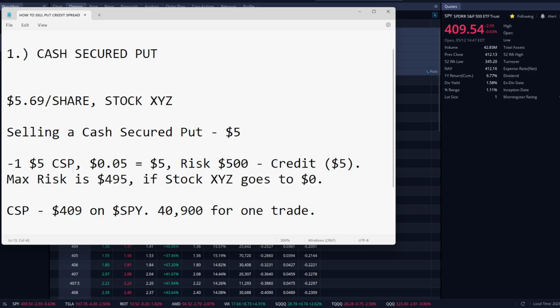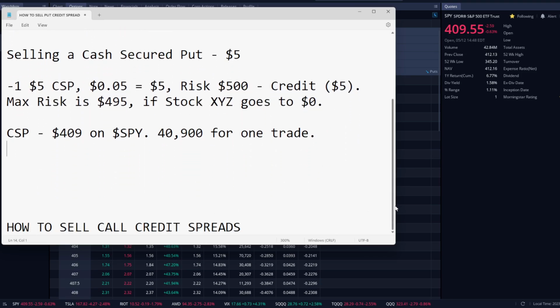So the advantage of selling vertical spreads, put credit spreads, is that you can buy insurance, or buy a put below it, to offset the amount of capital you would need for the trade. For this example, let's say we sell the 409 put, but we also buy the 400 put.